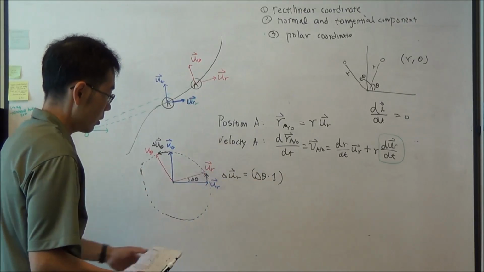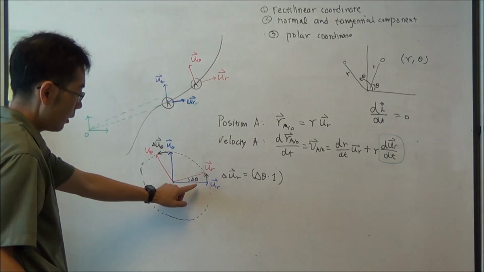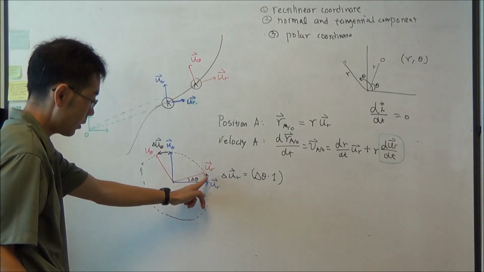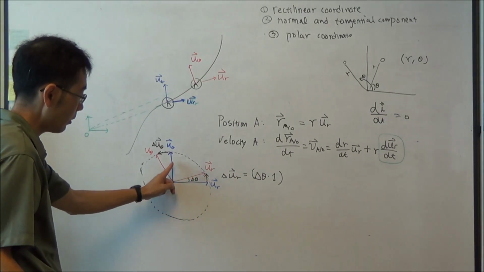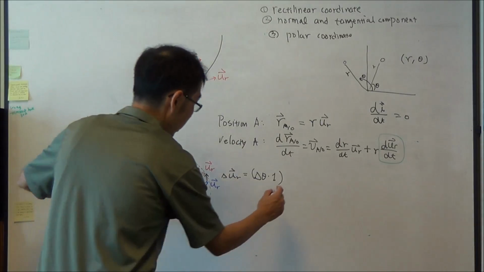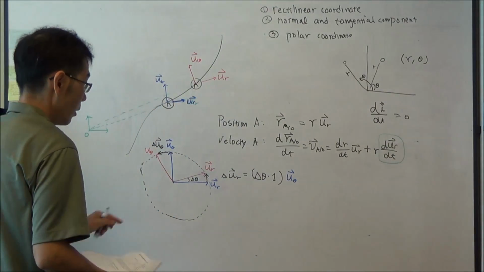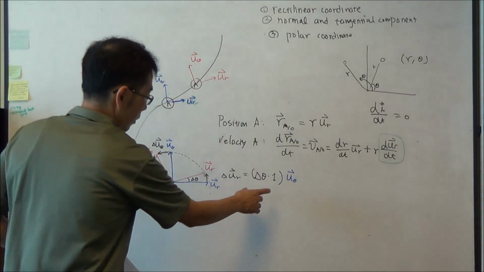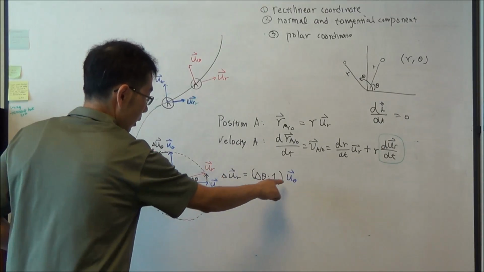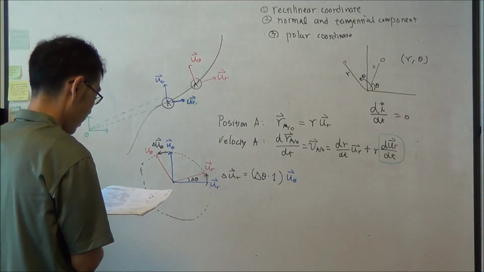How about the direction? What's the direction of this delta UR? If delta theta is very, very small, the direction of this black one is the same as this U theta, right? That's why I just write down this is U theta. So dUR is equal to the magnitude of this length, which is delta theta times 1, and the direction is the same as U theta. Okay?